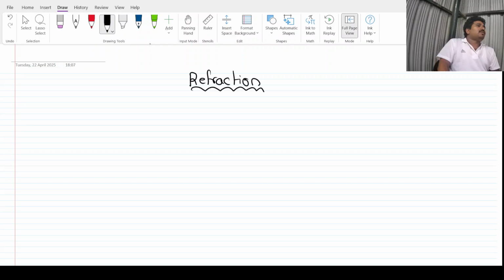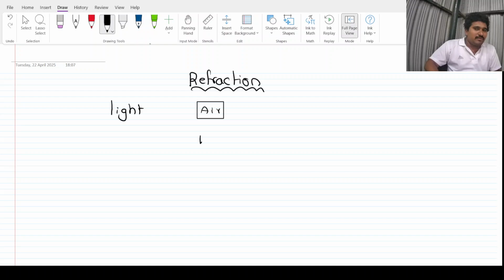See here, we have so many mediums around us. Medium meaning what? Suppose light is there, and we are talking only about light. Light is passing through air, that means air is one medium.